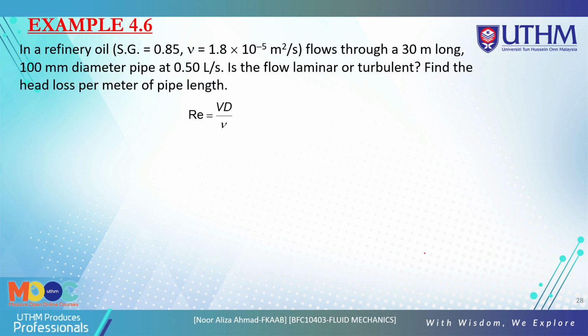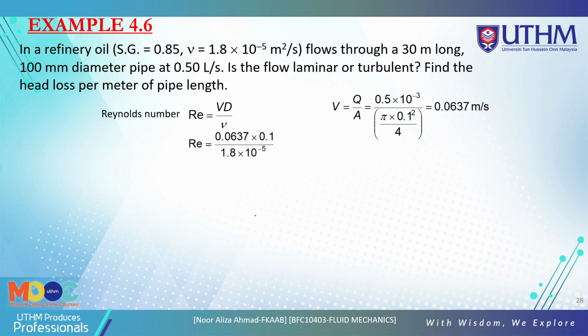Now look at example 4.6, which is also the same. Is the flow laminar or turbulent? Find the head loss per meter. To find the state of flow and the head loss, first you must find the velocity, because you want to use it in the Reynolds number formula. You get the Reynolds number, and the flow is laminar. Then find F using this formula.